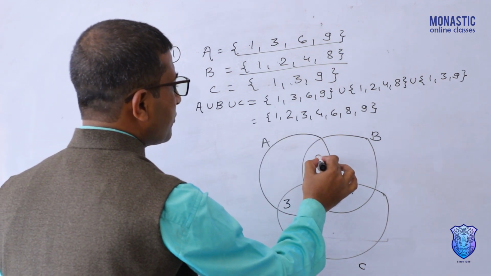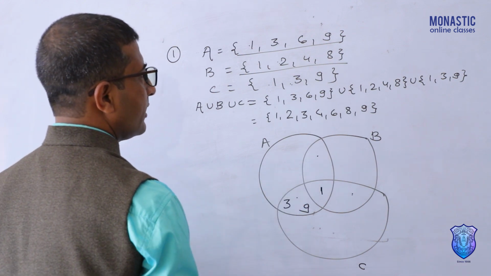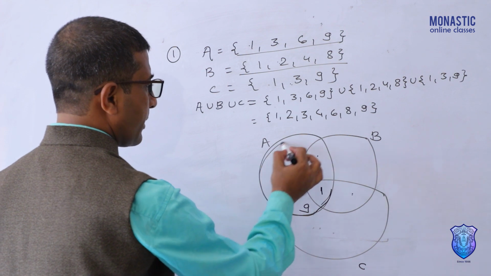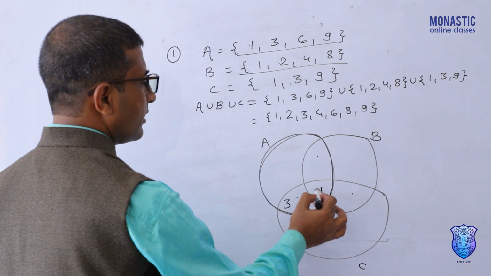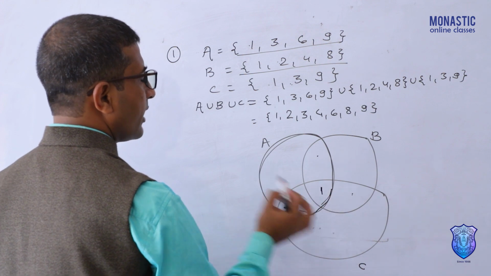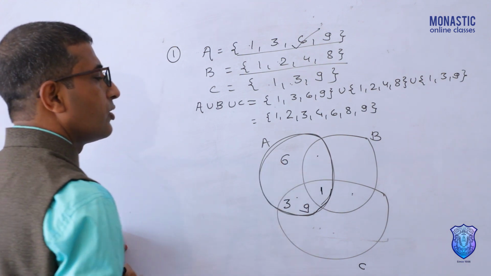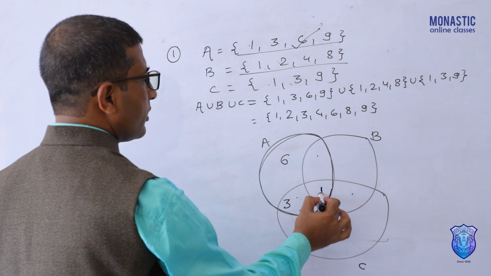Now, after writing all these, we have to write in only A. That's the whole circle represent the set A. So far in the circle A, we have written 1, 3 and 9. What's the remaining elements? 6. So write 6 there. In B, we have written only 1.